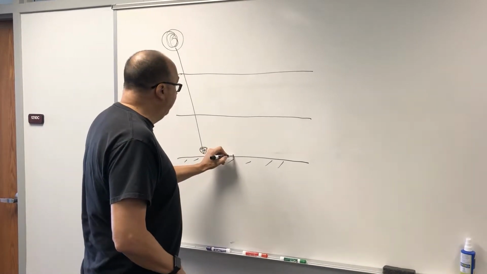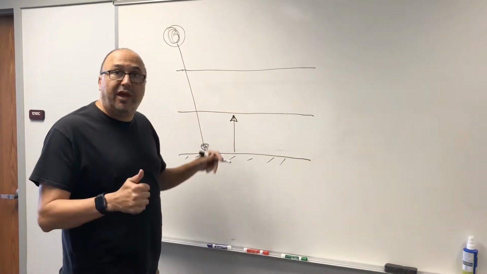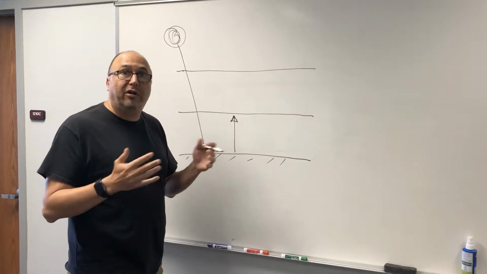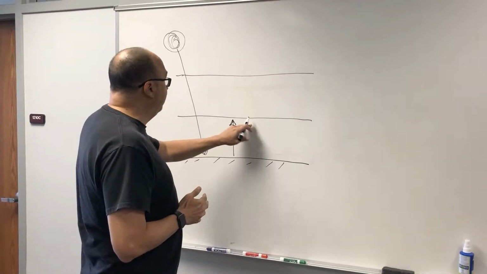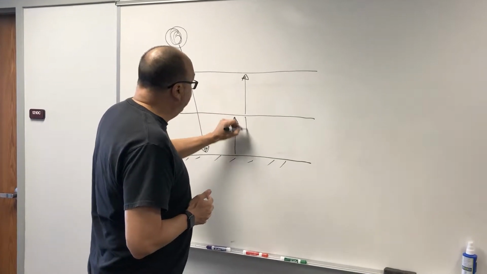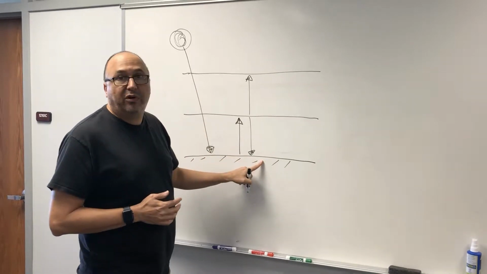The surface radiates up, and all of those photons are absorbed by the atmosphere because the atmospheres are not transparent to infrared radiation. They absorb all the infrared radiation. This atmospheric layer radiates up and it radiates back down. Now, the photons that are radiated down get absorbed by the surface.